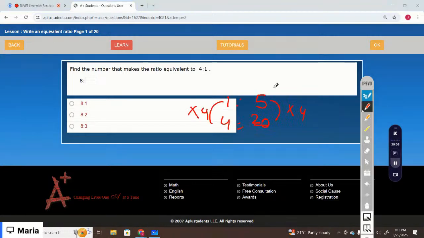That is 4:1. And you have 8 and missing ratio. So 4 times 2 is 8, right? So here then you have to do 1 times 2.